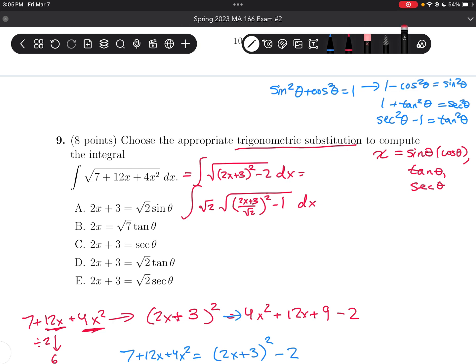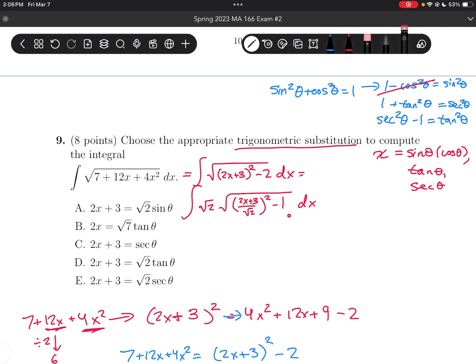So now I have to see which of our equations looks most similar to this. Well, it's obviously not 1 minus cosine squared theta because the squared term here is being added, not subtracted. Is it 1 plus tangent squared theta? No, because I have a plus 1 there and a minus 1 here.